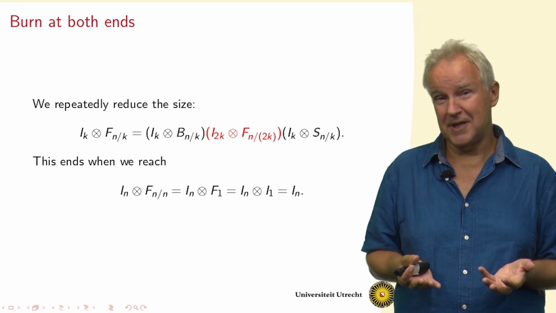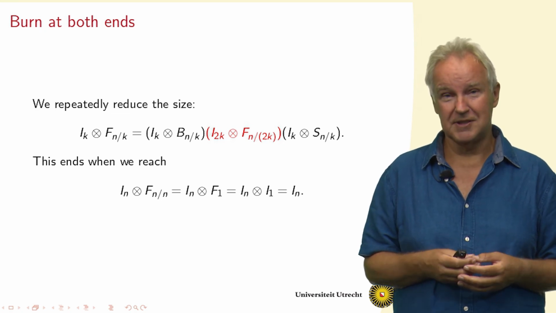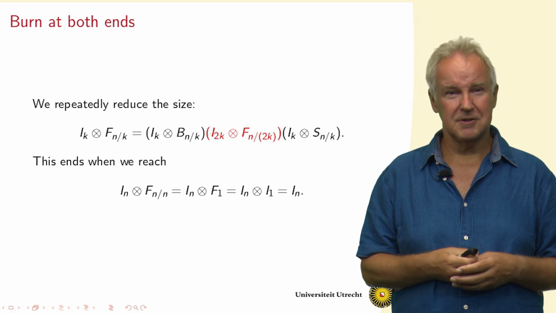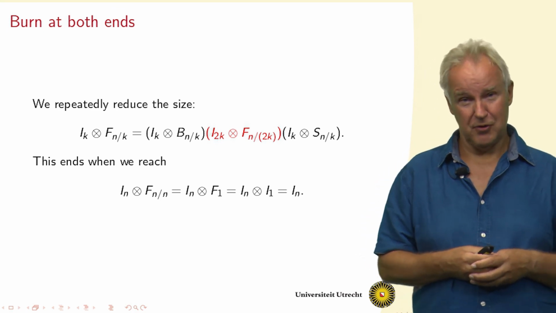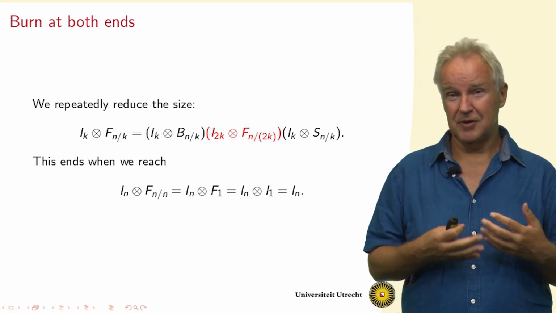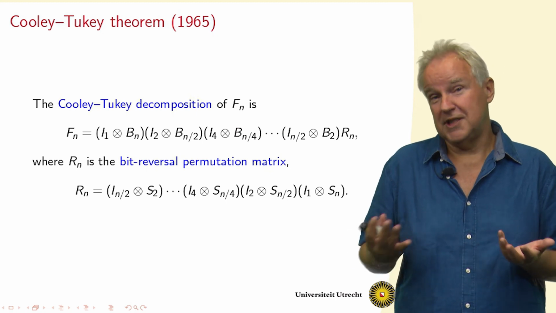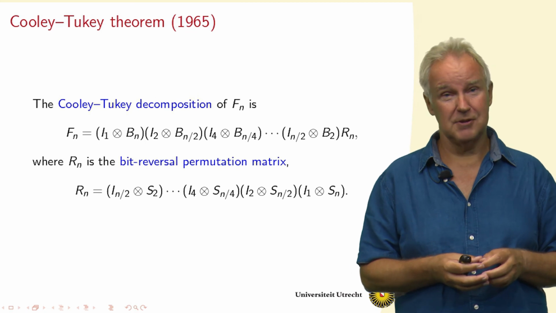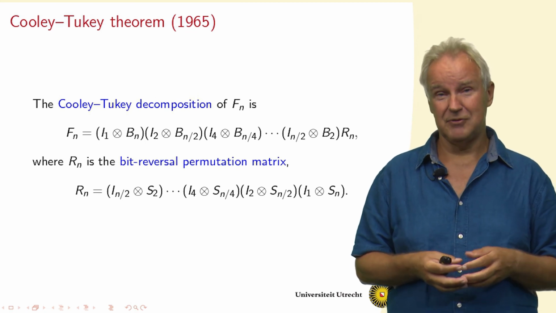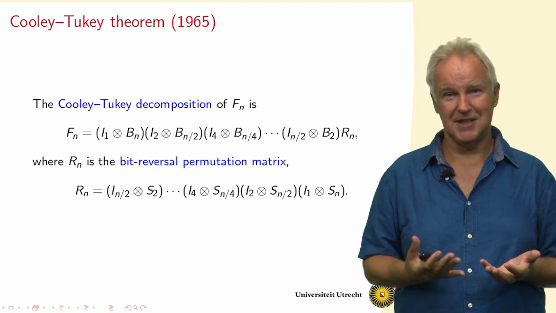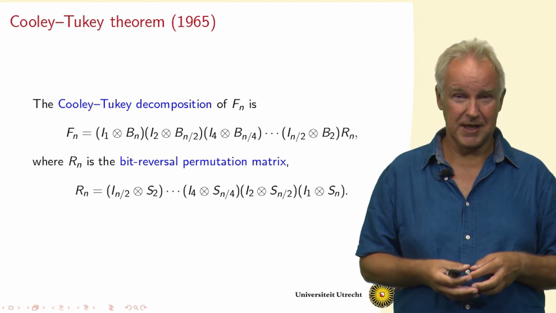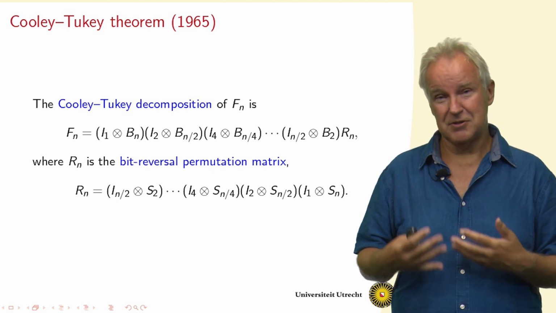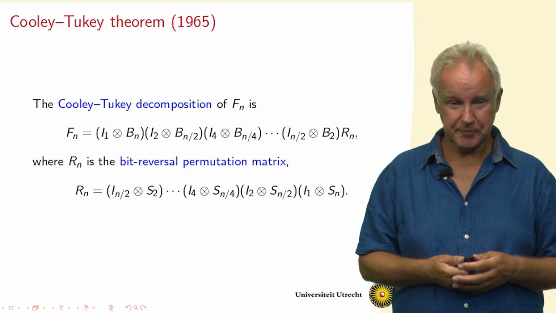But that doesn't do anything, so we can remove it. And as a result, we get a decomposition of the algorithm, which was formulated by Cooley and Tukey in 1965, and that's really the formulation that made the Fourier transform famous and used everywhere.